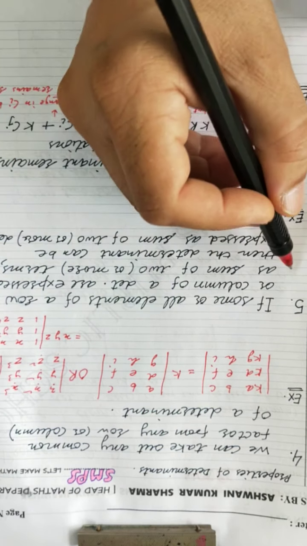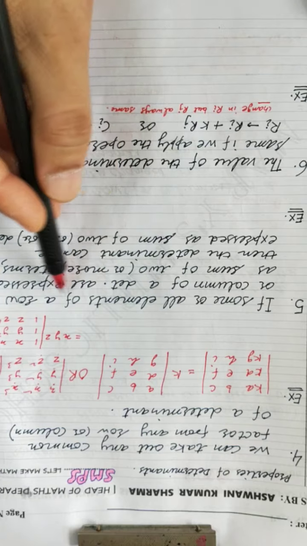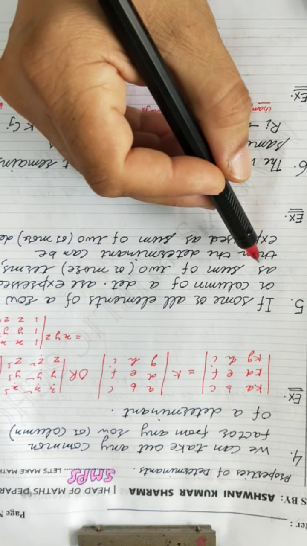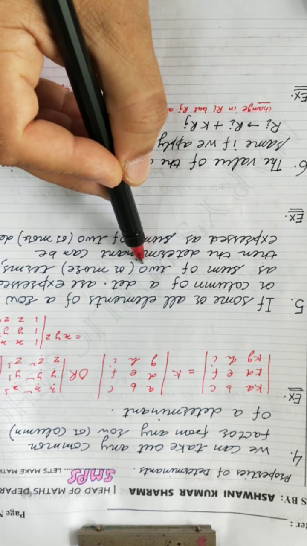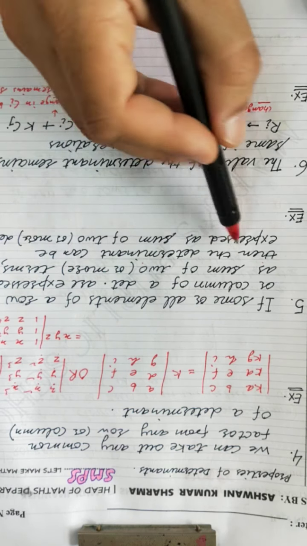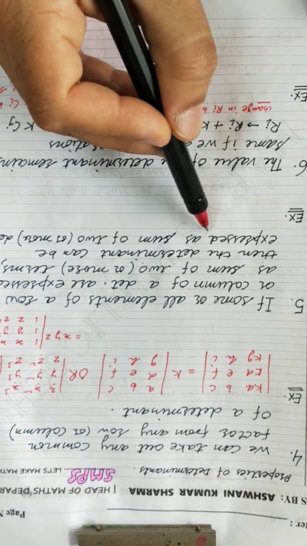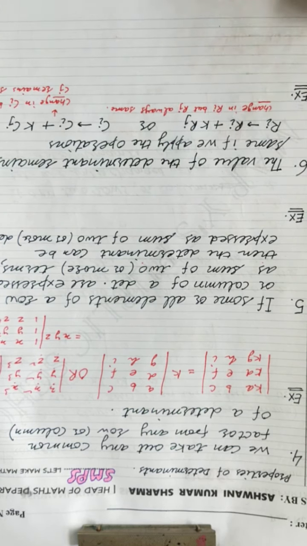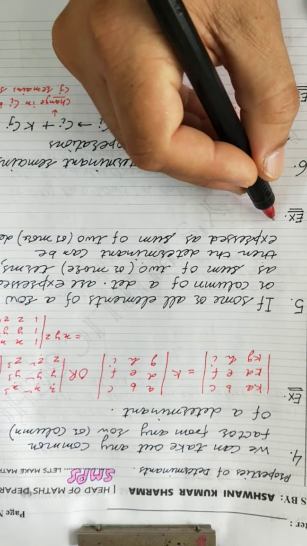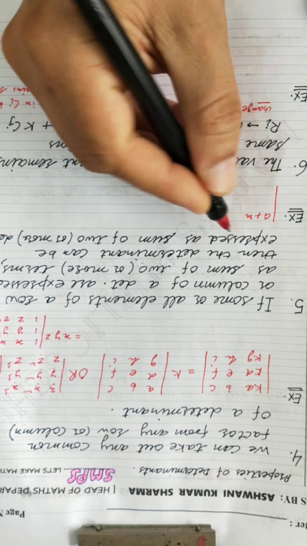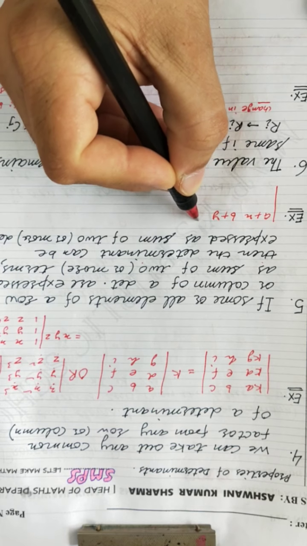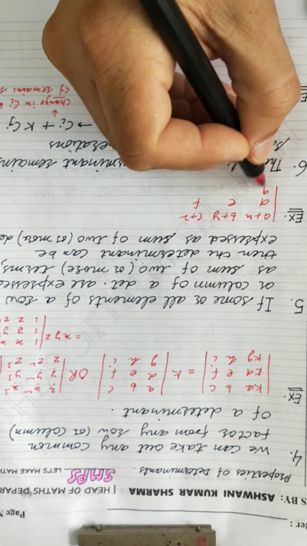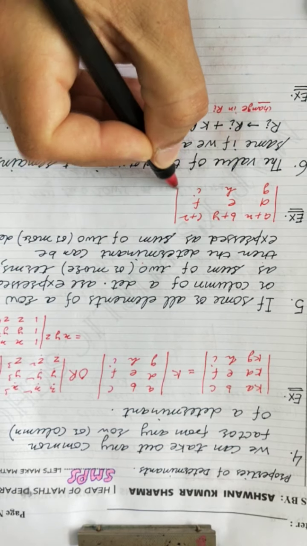Got it? Fifth property: if some or all elements of a row or column of a determinant are expressed as a sum of two or more terms, then the determinant can be expressed as the sum of two determinants. With the help of an example you can understand better. Look here: a plus x, b plus y, c plus z, d, e, f, g, h, i.